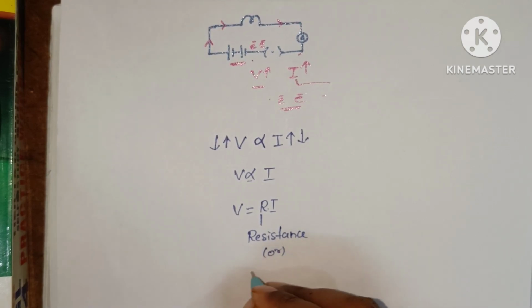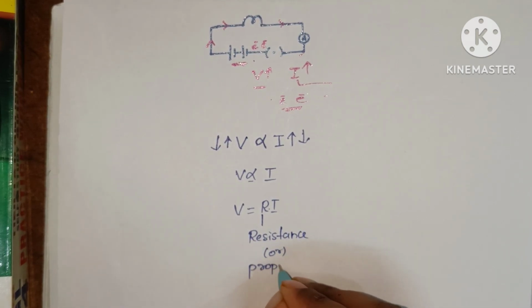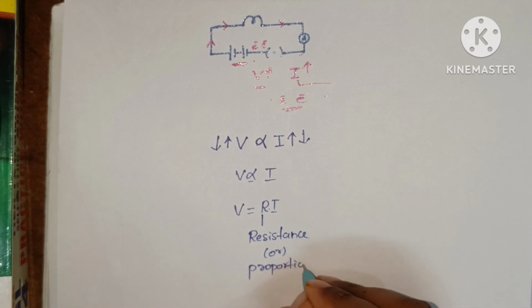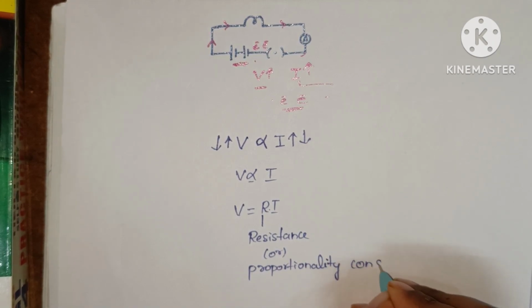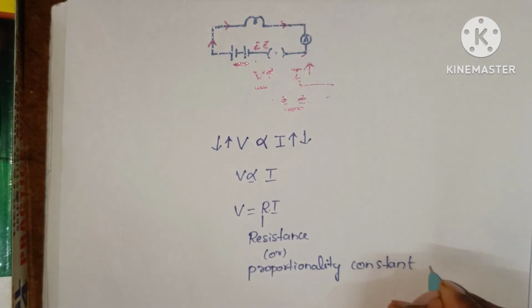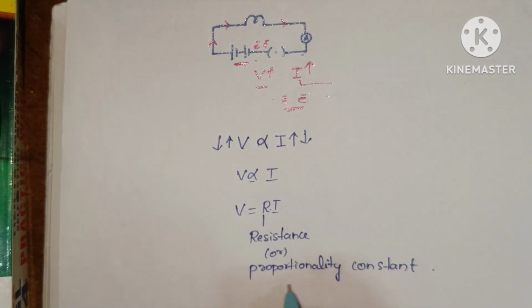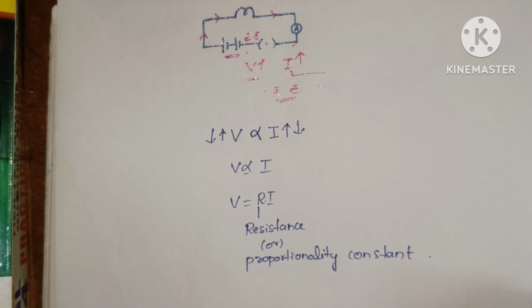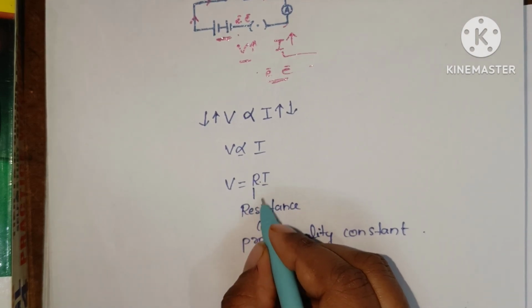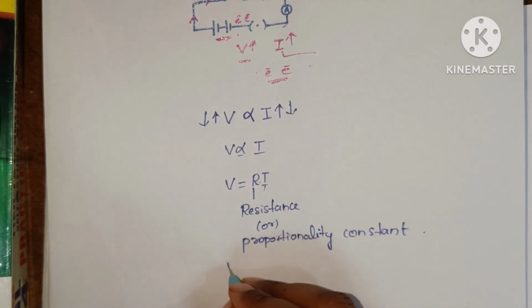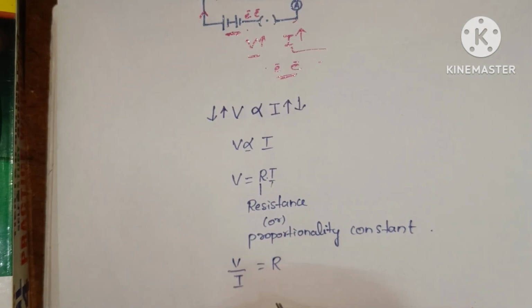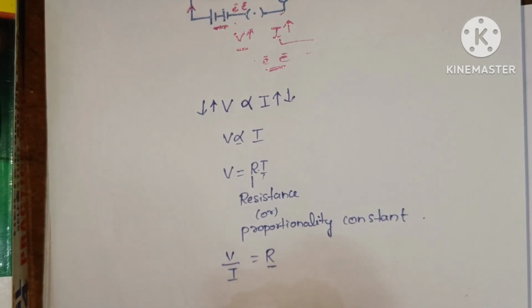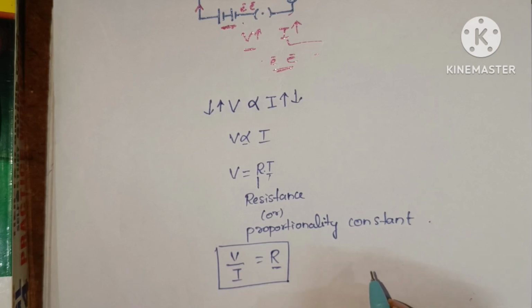Resistance, or the proportionality constant. Okay, so if you send I to the left side, that means V by I equals R. If they ask to find resistance, V by I equals R, right?